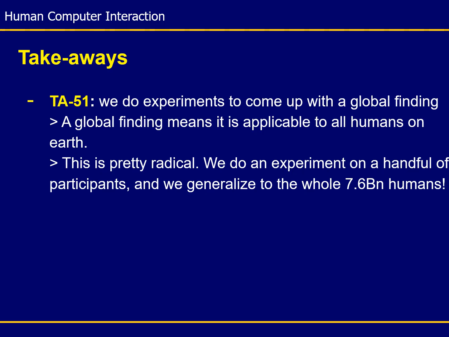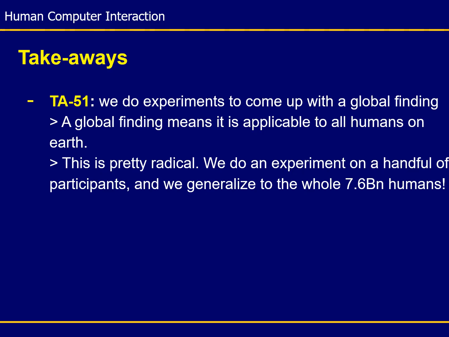So here's the takeaway. We do experiments to come up with a global finding. A global finding means it is applicable to all humans on Earth. This is pretty radical. We do an experiment on a handful of participants and we generalize to the whole 7.6 billion humans. What's the story here?